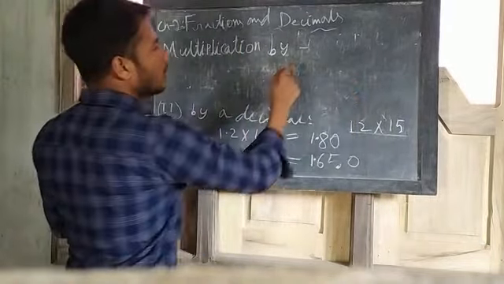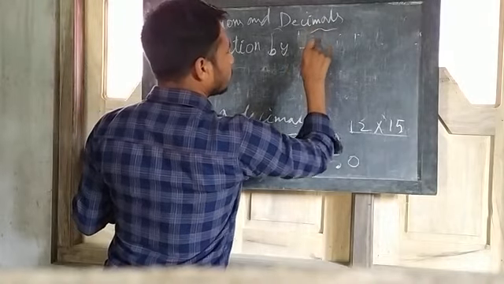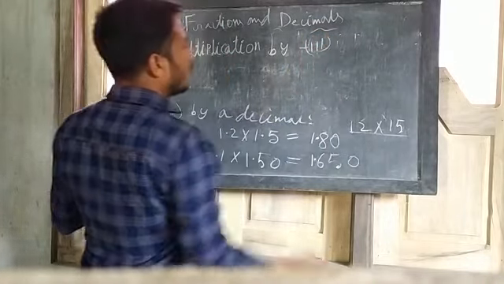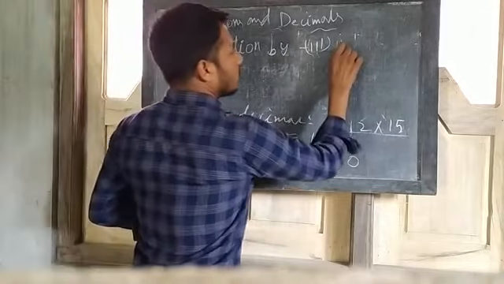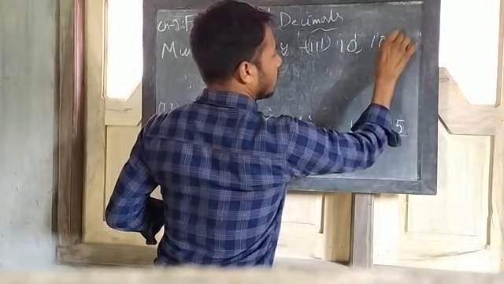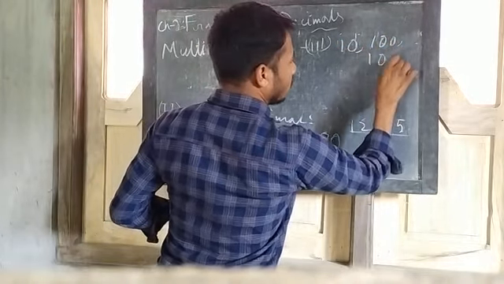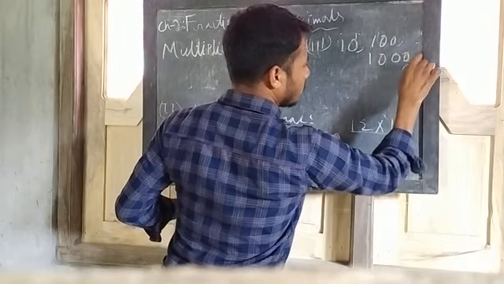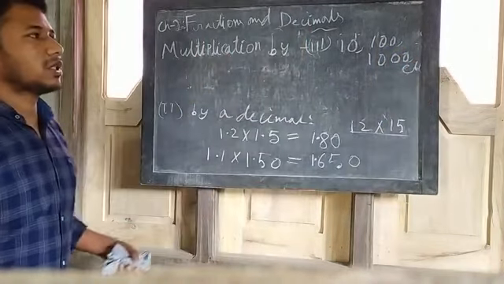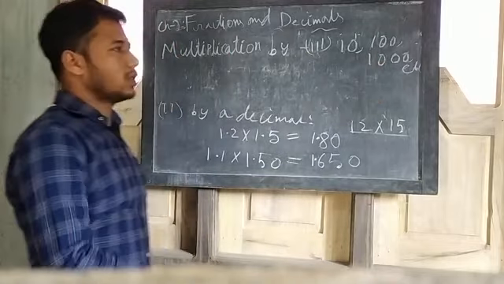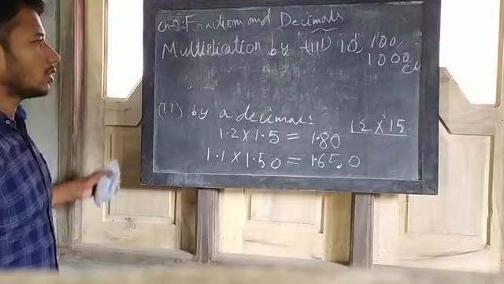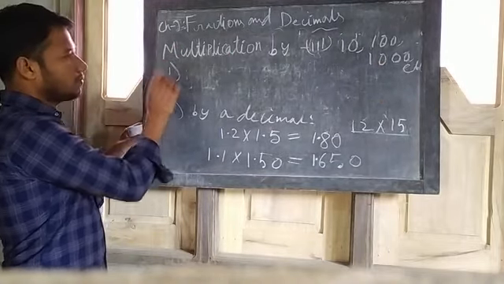Now the third case, in multiplication, multiplication by 10, 100, 1000, etc. That means multiplication by 10, 100, 1000, 10,000 like this. Now see one example.